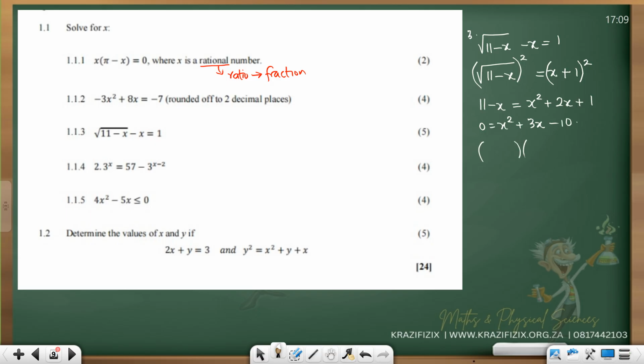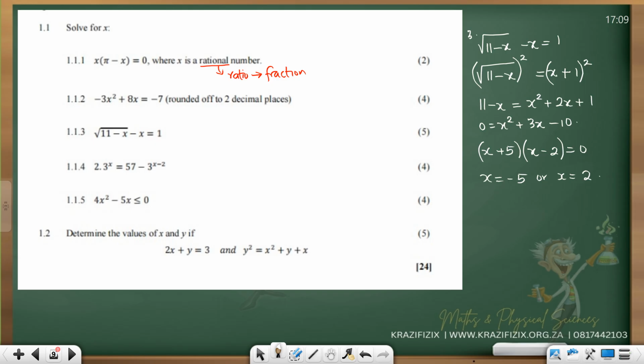Number 4, we solve quickly. I think we have factors: x plus 5, x minus 2. And what is the last rule? We test. Which one is working? 11 minus 5 is 16.